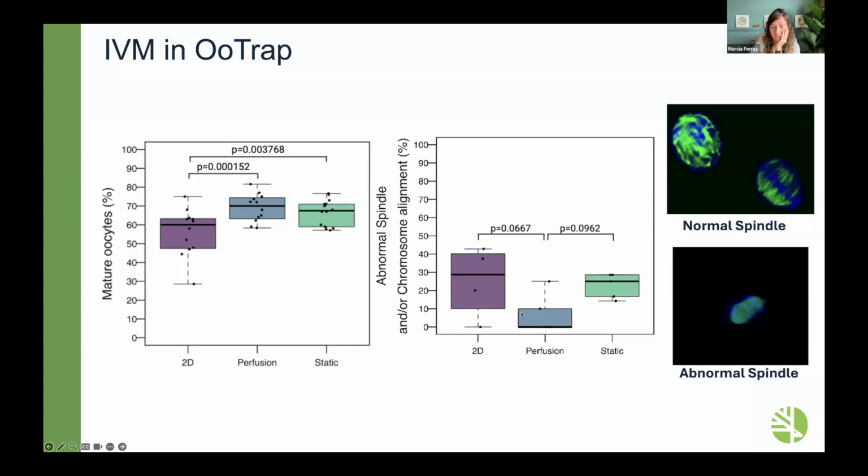What was really interesting to see is that normally when you mature the oocytes, we have a metaphase plate where you have the chromosomes aligned and then a bipolar spindle, here marked in green, and then the extrusion of the polar body. But sometimes that can be abnormal. Like here, we have the chromosomes aligned in 3 different places. There is a misaligned chromosome and it's not a bipolar spindle, it's like a 6-polar spindle.